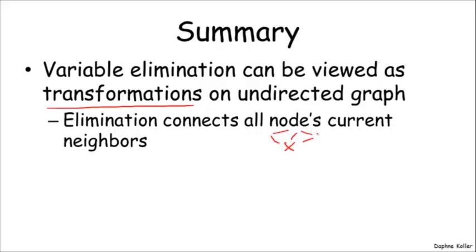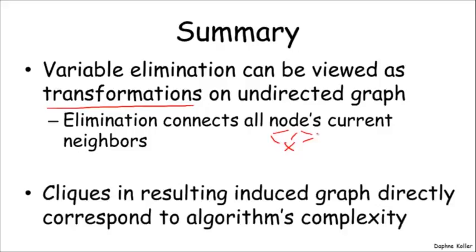The result of all this is something called the induced graph, and we've seen that the induced graph is possibly quite connected as a result of this variable elimination process, and that the cliques in this induced graph, that is the maximally fully connected subsets, correspond directly to the complexity of the variable elimination algorithm, and as we'll see, can therefore help us analyze its computational properties.